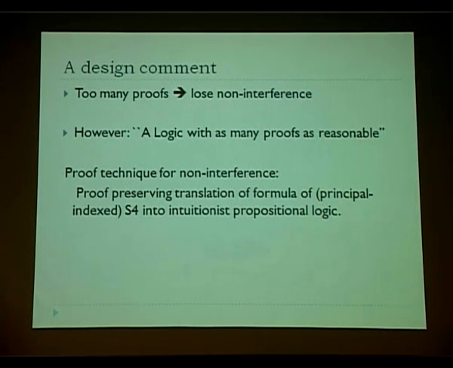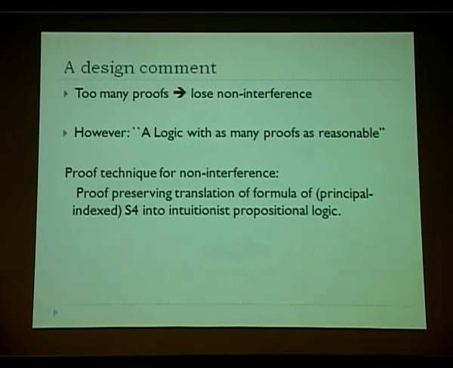And also because the particular way I'm going to try to prove non-interference is to build a proof-preserving translation of the formulas of my logic into intuitionist propositional logic. So it would be nice for me to make this translation work for as many proofs as possible so that I can reuse it as much as possible. So these are the constraints, okay?